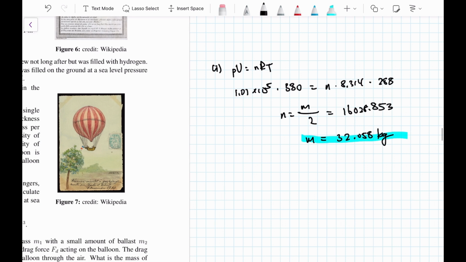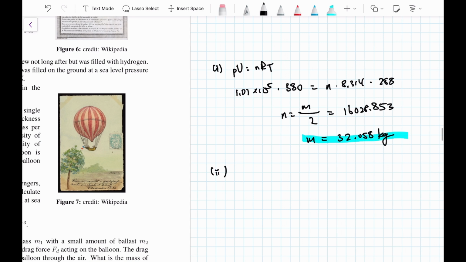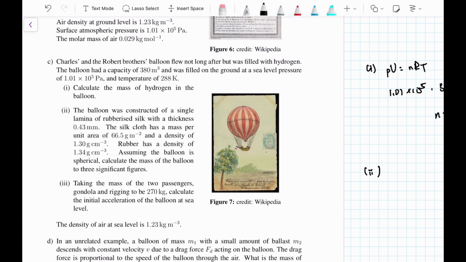And the second part, let me see. It says the balloon was constructed of a single lamina of rubberized silk with a thickness of 0.43 millimeters. The silk cloth has a mass per unit area of 66.5 grams per square meter and a density of 1.3 grams per cubic centimeter. And then rubber has a density of 1.3234.